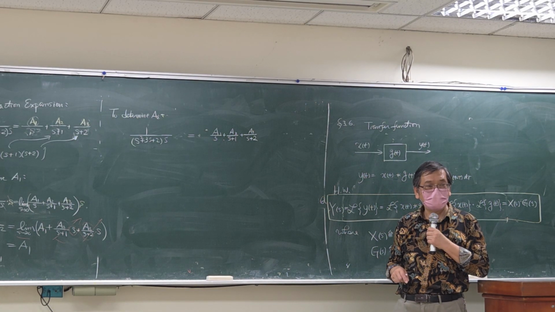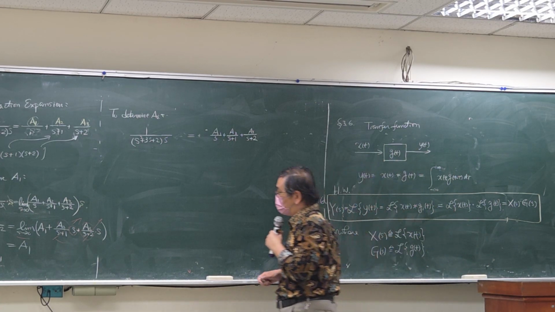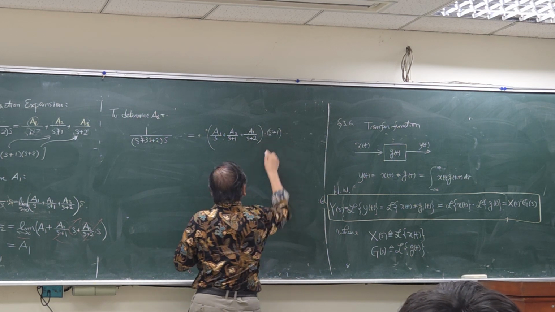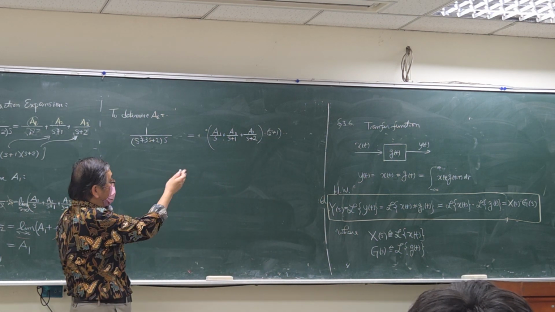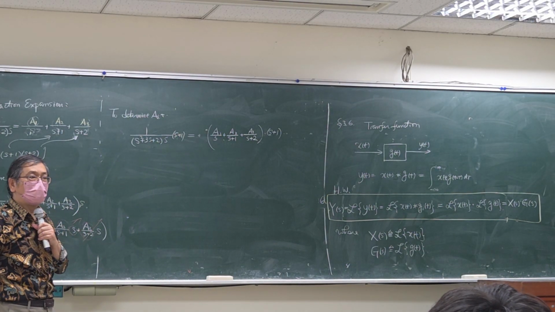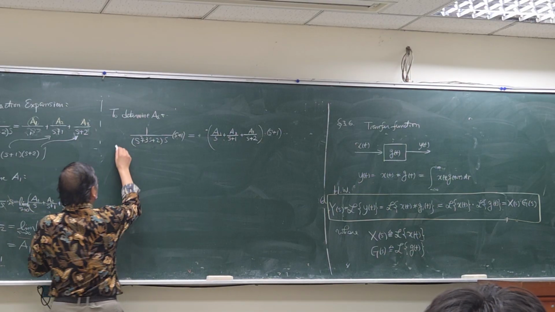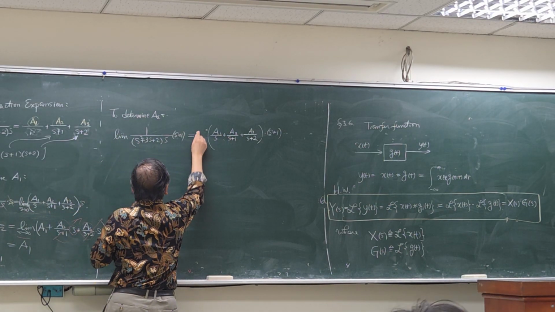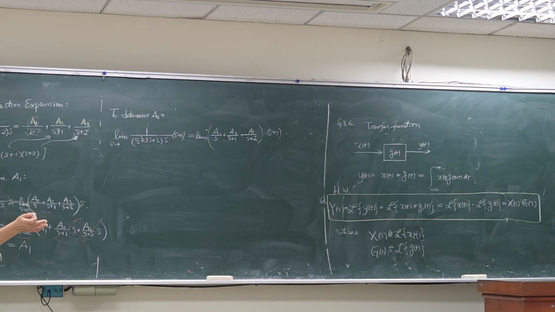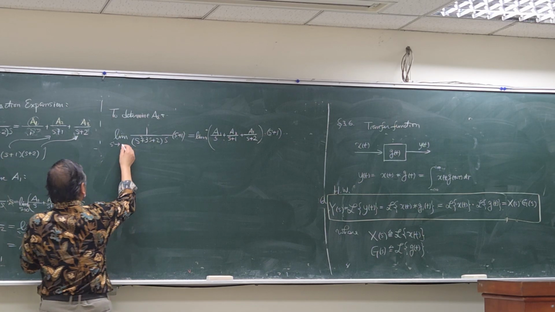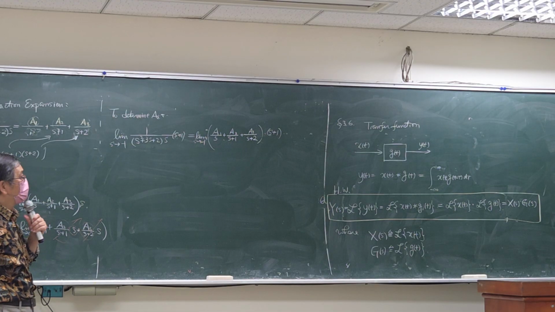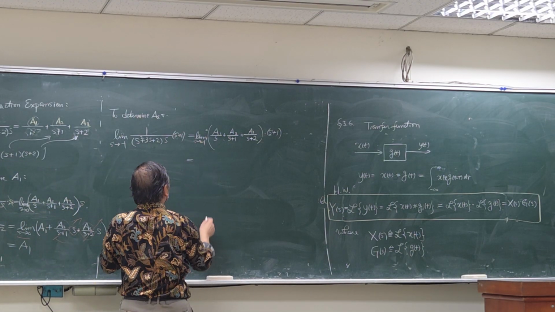Multiply both sides by s plus 1, right? And then take the limit. So this time the s is supposed to approach negative 1. Okay? Why do I do this?